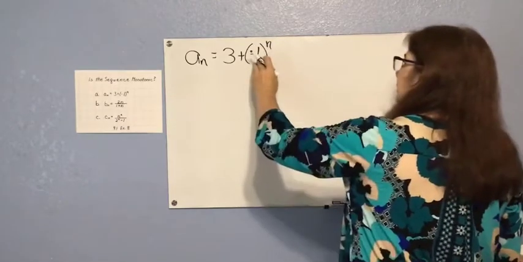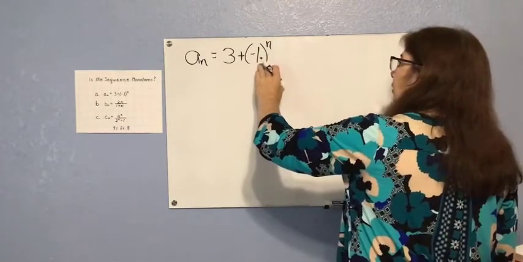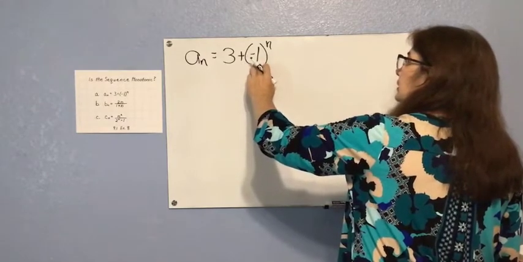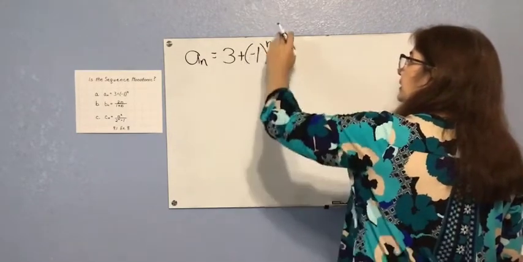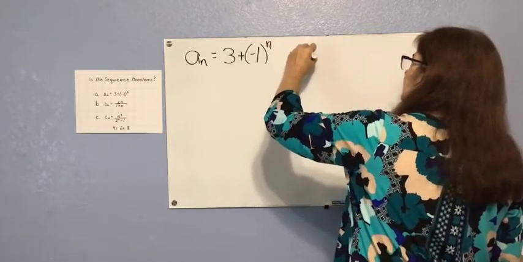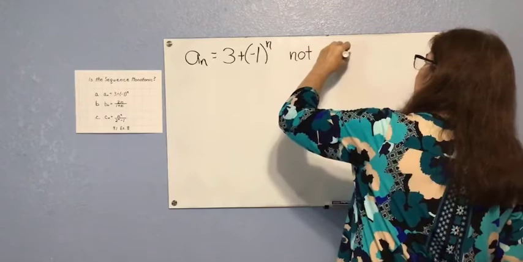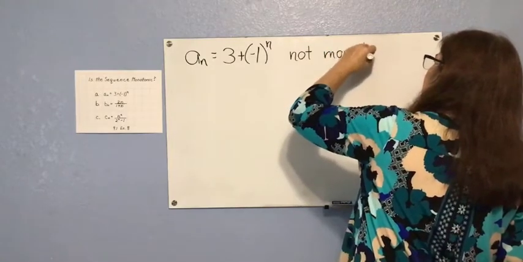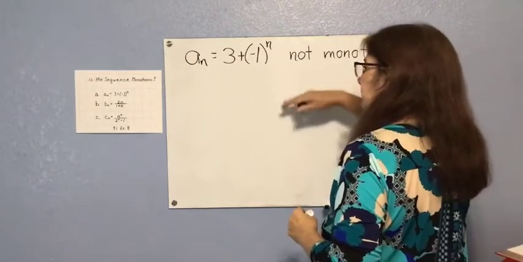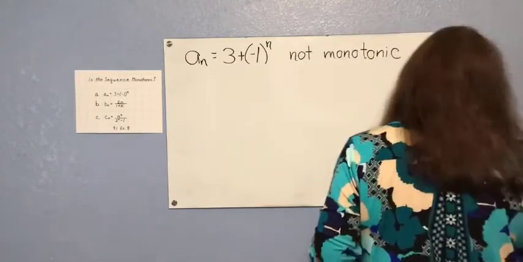I know that this is going to be alternating between +1 and -1. So the terms are going to be positive, negative, and so this is not monotonic. Okay, because it just shifts back and forth between positive and negative values.